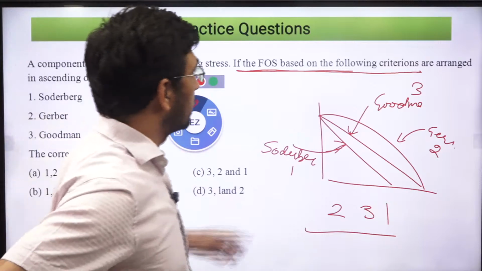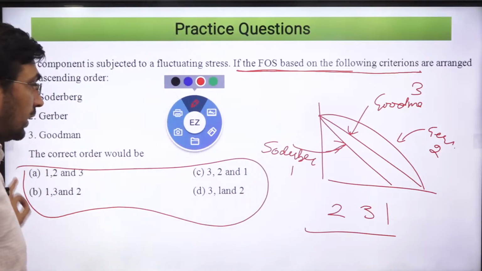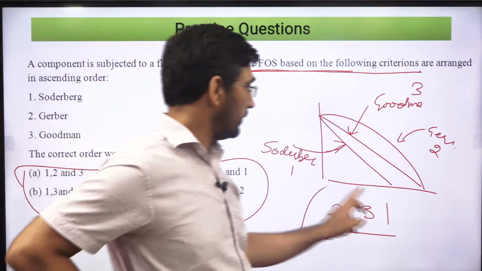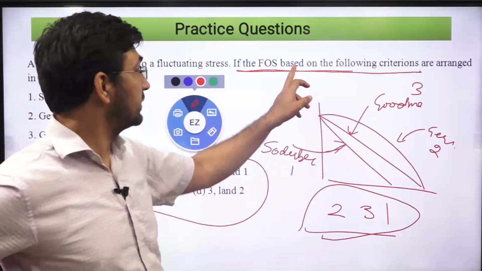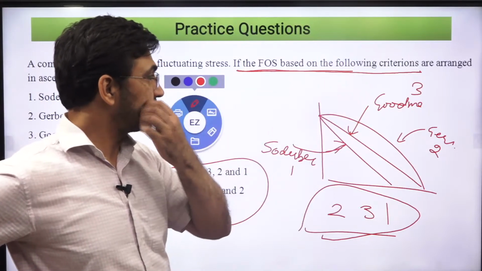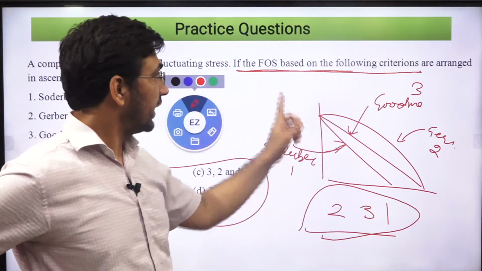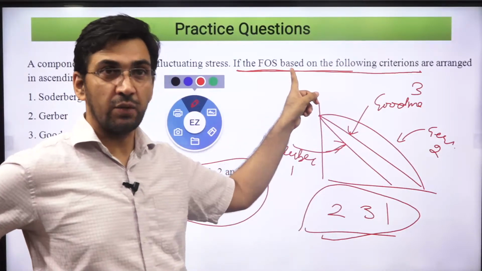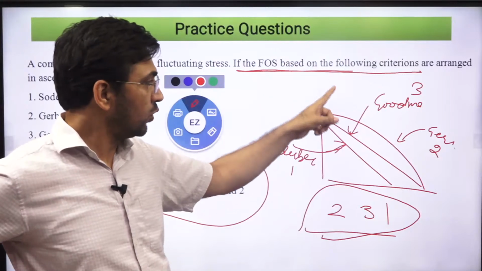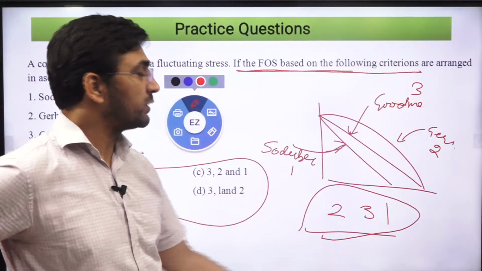Okay, so I will not go with these options. As of now, I am sticking to 2 3 1 because I'm interpreting this line the same way as I told you. Let me just check it out. Otherwise, I will take this question again and clarify this. But as of now, based upon this statement, the interpretation is that if you go by which theory is most conservative, then obviously that is safer.